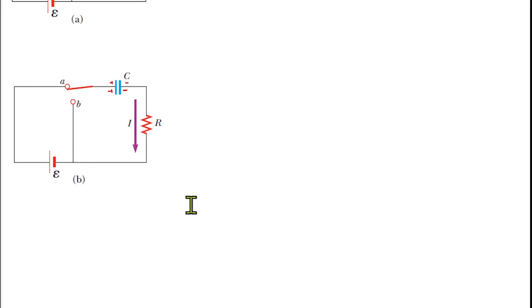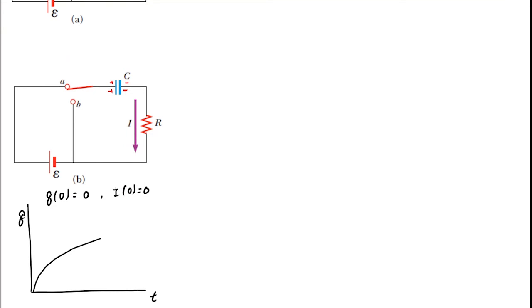So if we have to graph this thing, let's try to feel it. Say our Q initial is equal to 0, and of course I initial is equal to 0. There's no initial current. And then as time goes on, this charge in the capacitor will be some kind of asymptote.